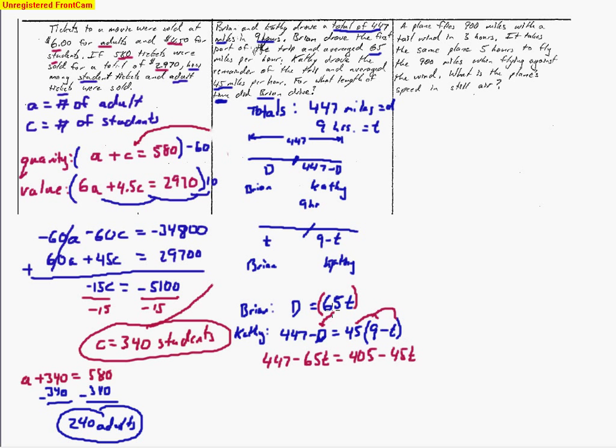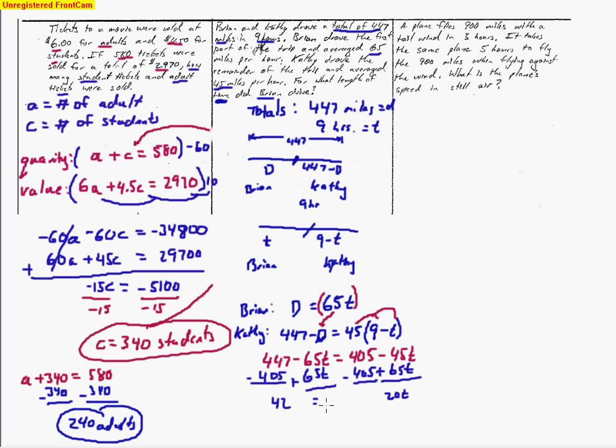So we can go ahead and do some work now. Just move some terms around. I'll add this 65T to both sides. And these will end up subtracting because they're opposite in sign, so I'm left with 20T. And I'll subtract that 405 from both sides. When I do that, I'm left here with a 42.